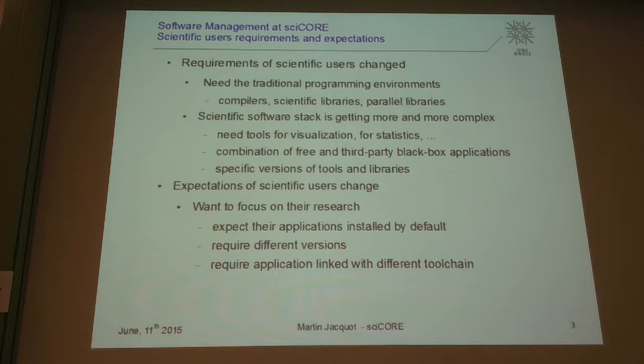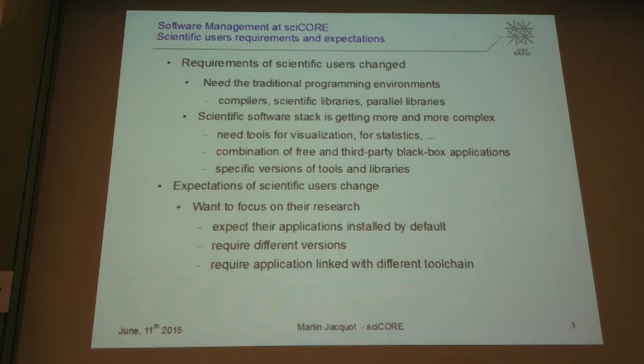They were linking, making their own software, and they were happy. Things have changed now, because more and more people use a lot of software on different stacks, and the whole thing is getting more and more complex. You need this library, this software, this kind of piece, and it is all merged together with all the problems of revisions, versions, and so on.